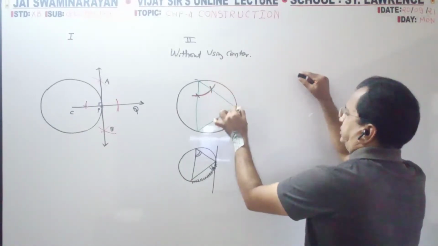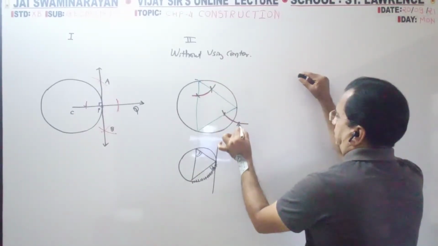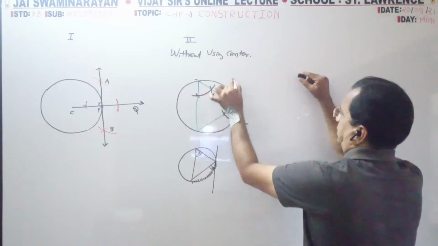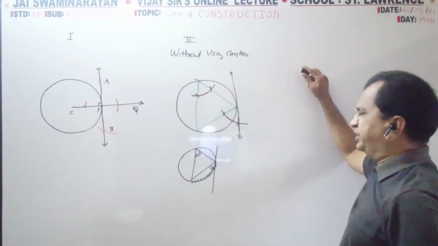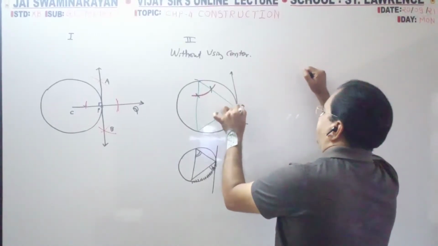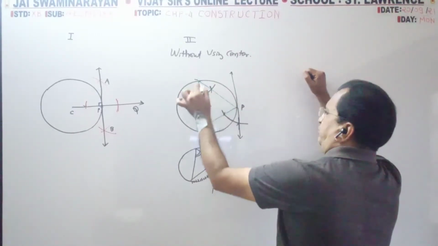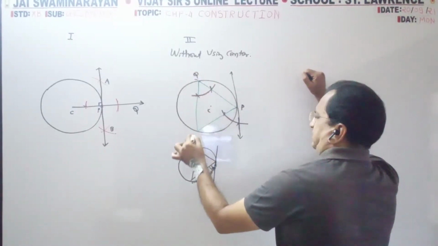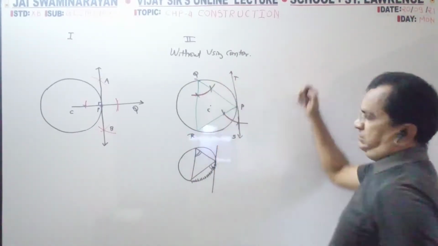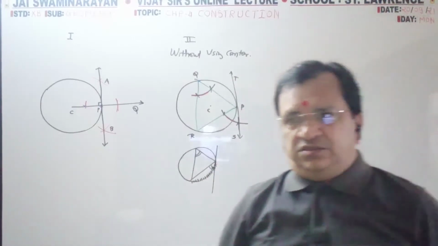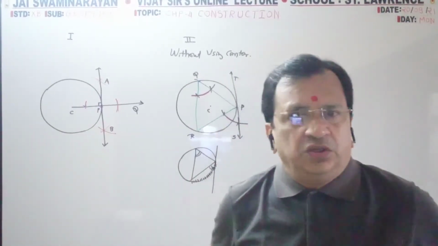Now this point and this point you have to join. So this is your tangent, this is P, and you are not using the center. This is pattern number 2.